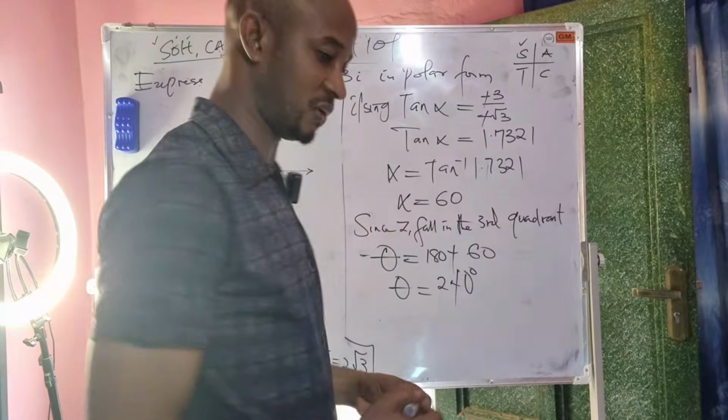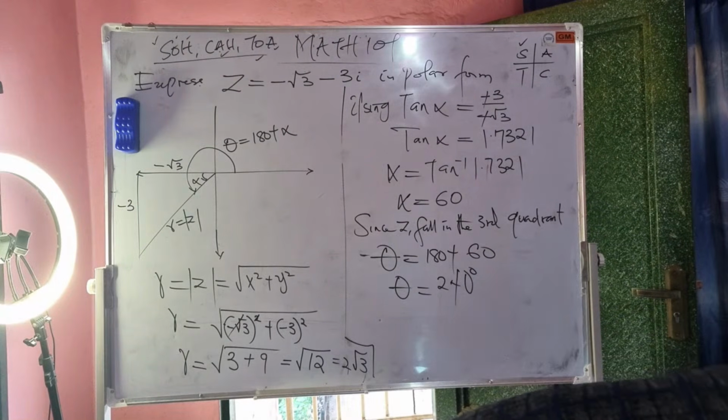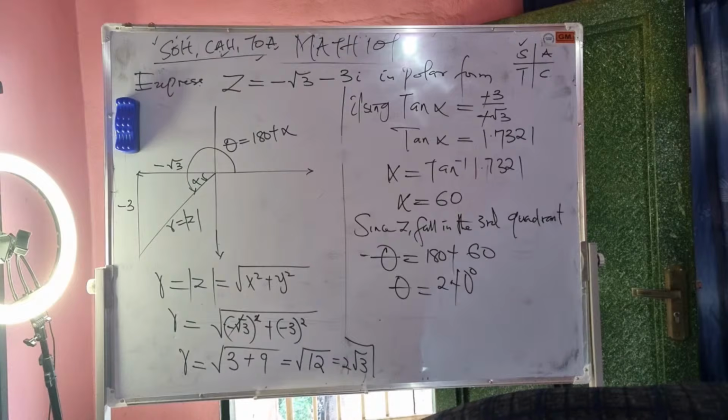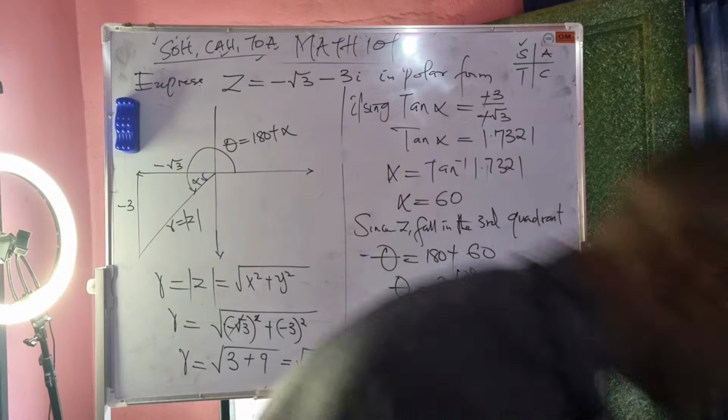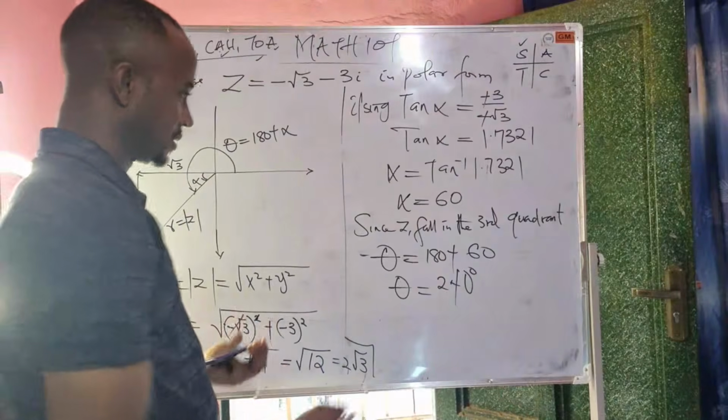So the next is to convert 240 degrees to radian.